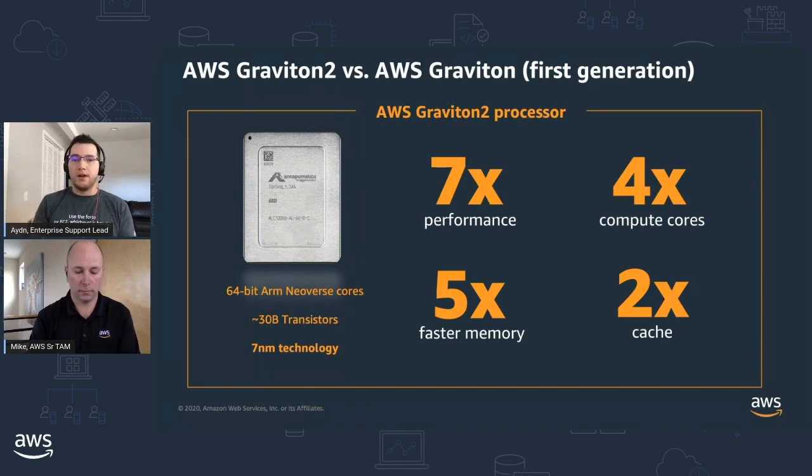It's the Neoverse N1, and it had industry-leading 7 nanometer transistors. What this really meant was 7 times greater performance, 4 times the number of compute cores, so that's 64 cores versus 16, 5x faster memory throughput, and twice the CPU cache. This was a huge increase in performance, and you're seeing this with a lot of the adoption and performance numbers we're getting from customers that we'll cover shortly here.